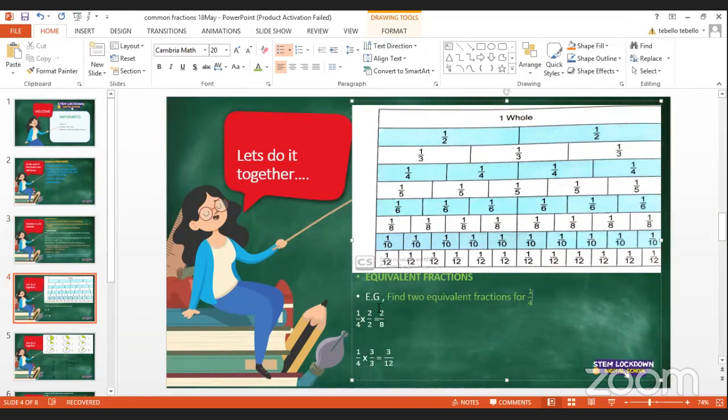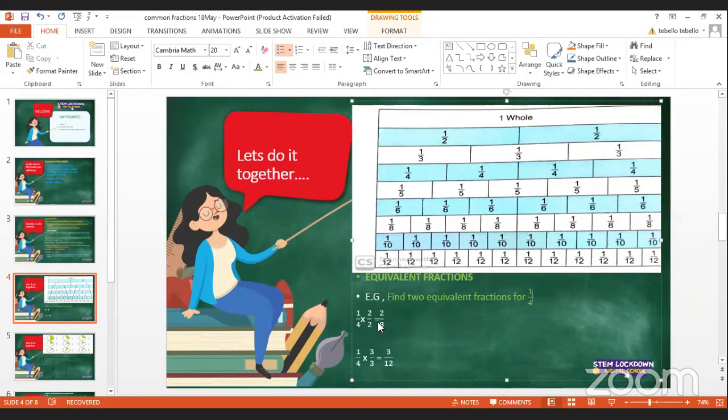Okay, so the first one we will use 2. So we'll say 1 over 4, but you can see it, right? And then we'll use 2. So we'll have 1 multiplied by 2, which is 2. And then we'll have 4 multiplied by 2, which is 8. And when you simplify 2 over 8 in your calculator, you can type 2 over 8 and tell me how much you get.